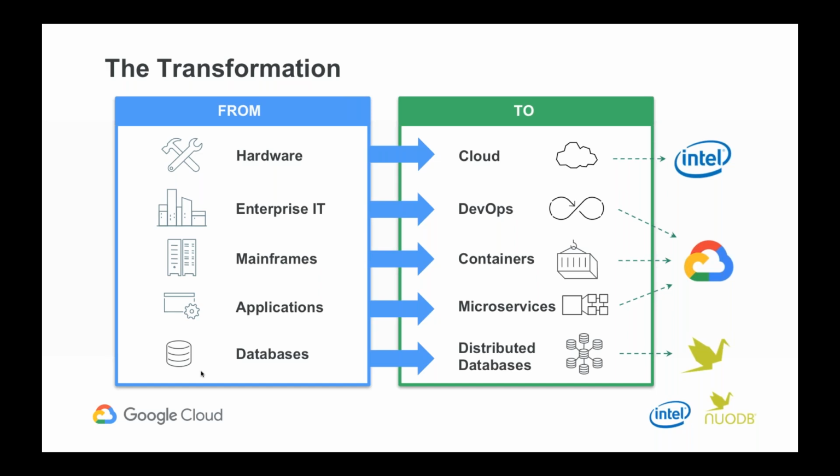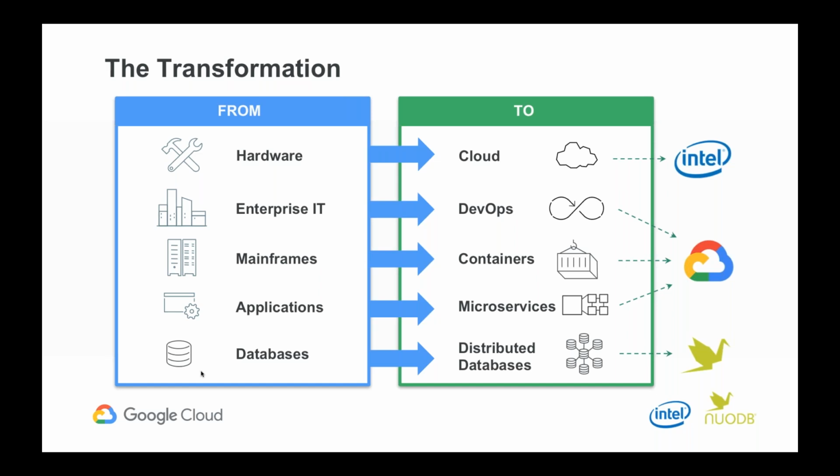So if we look at that stack, if you will, of different types of activities and technologies that need to be transformed, on the very right side you can see company logos.